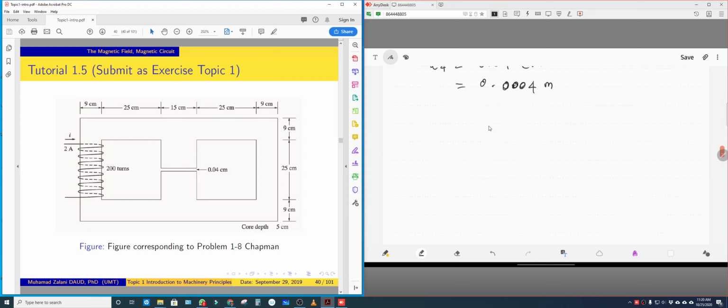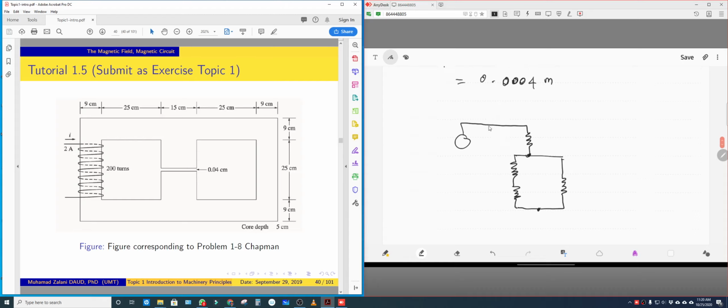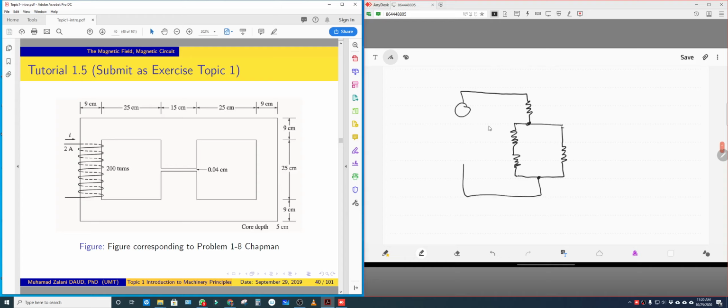So if I redraw this core, I convert it into the magnetic circuit, it should look like this. Okay, it should look like this. So this is MMF. This is R1.